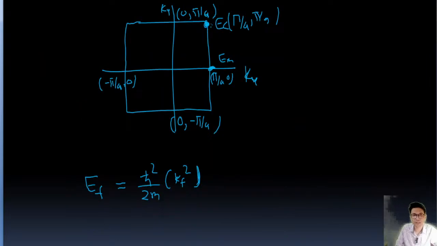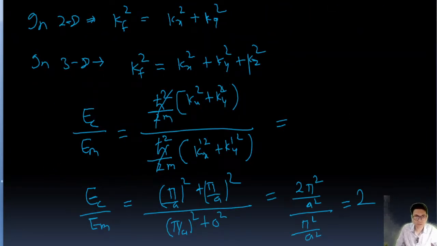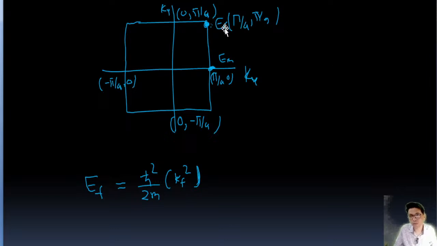Which option is matching, guys? Option B. Okay. And if we talk about 3D, if the question is asked in 3D, in case of 3D, EC upon EM is going to be, so their coordinates will be at this point, pi by a, pi by a, pi by a, here pi by a, 0, pi by a, right?